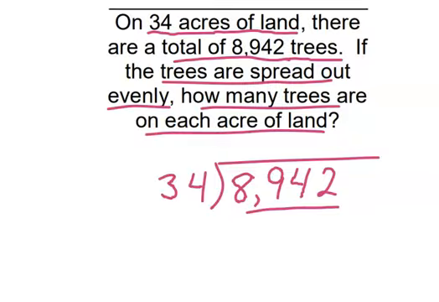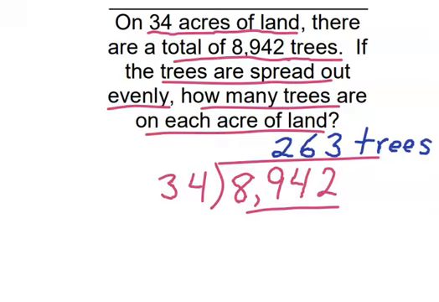And so if we were to do that, we've had 8,942, and we would divide that by 34. That would give us 263 trees on each acre. Okay, that's basically what that would be.